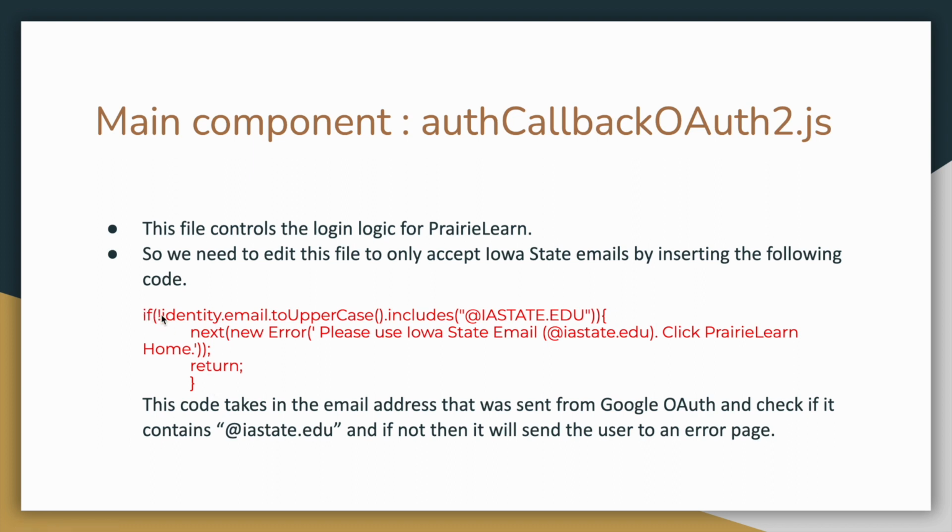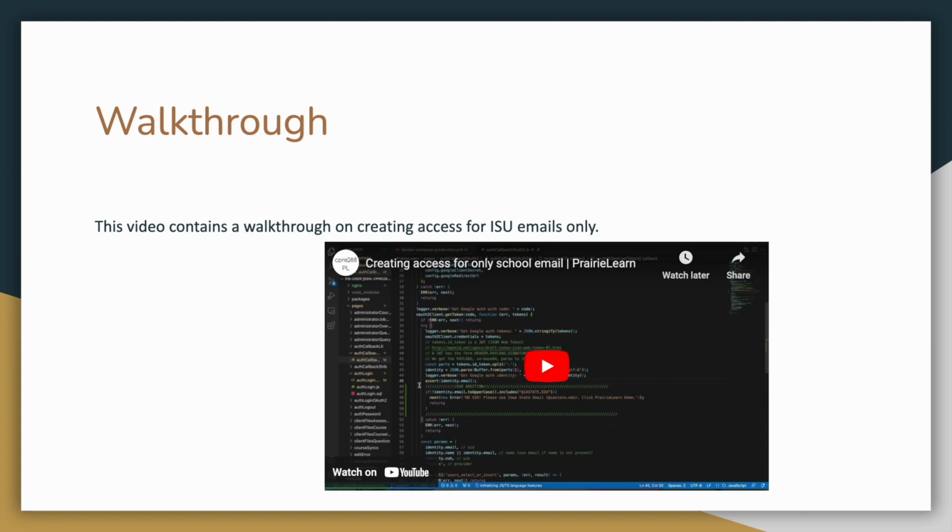We're capturing the email that was used to sign in, and we check if it includes the Iowa State .edu. If it doesn't include it, we will send an error saying please use Iowa State email to log in. Otherwise, it will let you log in. And here's the walkthrough of creating access for only that.